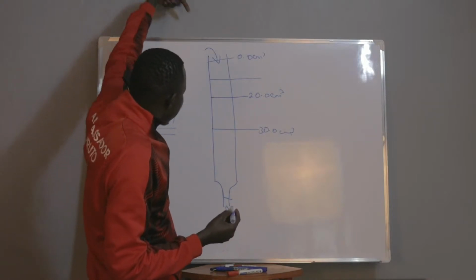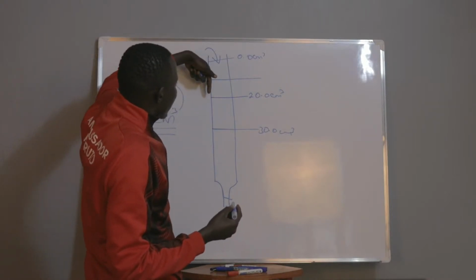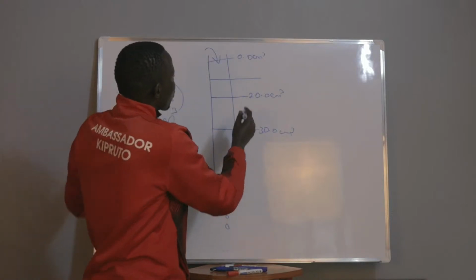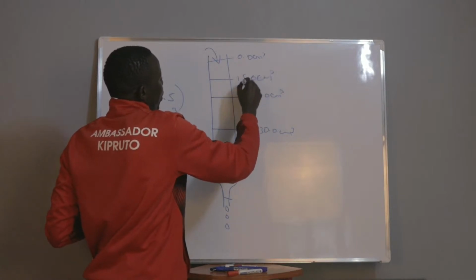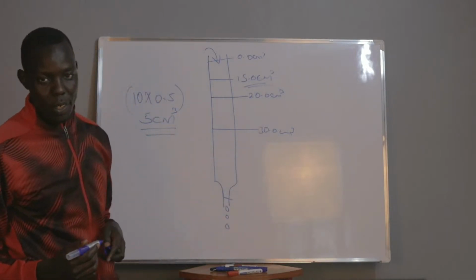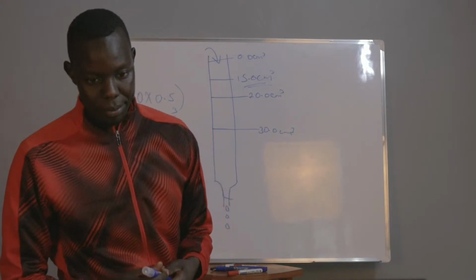Ukiongezea 5 of the liquid, the readings will decrease, so it's going to be 15.0 centimeters cubic. That was very correct for you, Reagan.